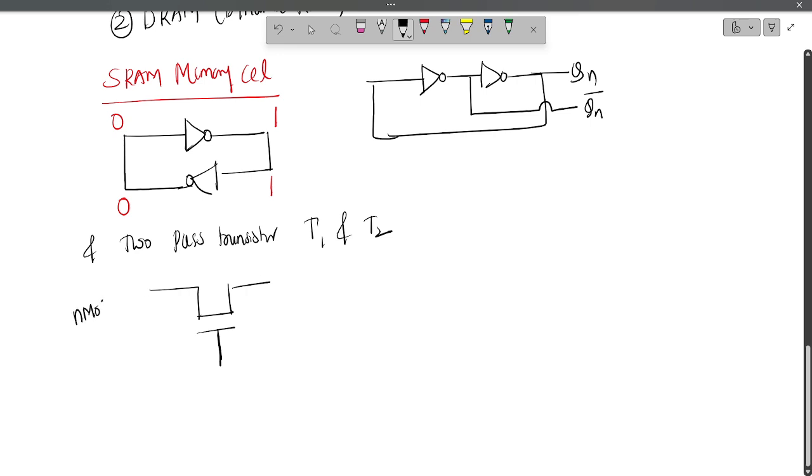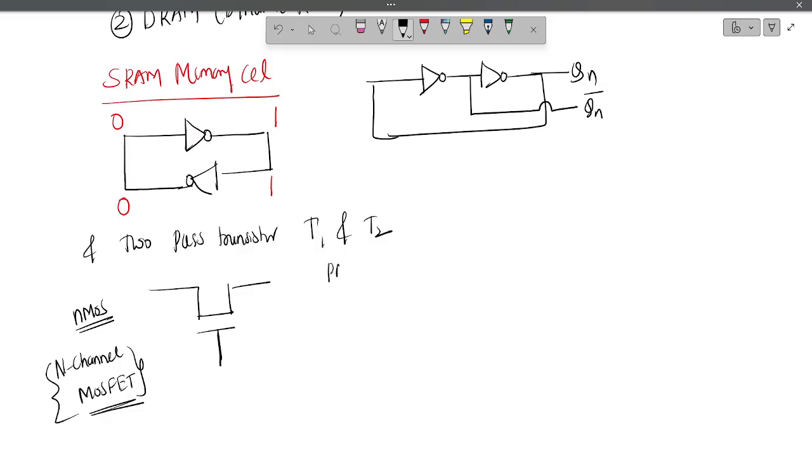NMOS means N channel MOSFET. Do you have an idea about MOSFET? NMOS is actually in the MOSFET. You have NMOS and PMOS. PMOS means P channel MOSFET. The symbol for PMOS has a bubble.